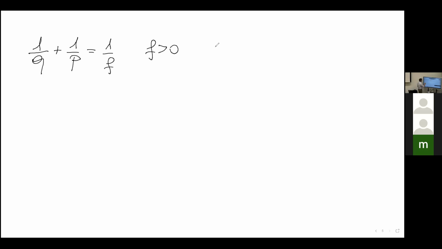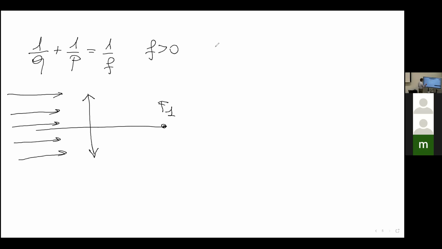Okay, then you can define, and we represent it like this, a focus number one. What is the focus number one? It is the point where rays that are parallel and coming from infinity, so a plane wave, are focused by the system.